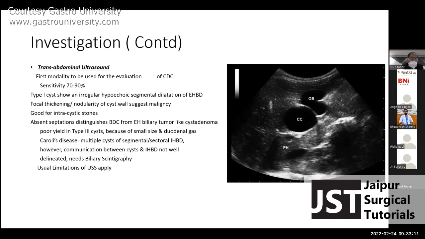Ultrasound is a good modality for detecting intracystic stones. Absence of septations inside the cyst distinguishes the biliary cyst from the extrahepatic biliary tumor like cystadenoma. However, it has a poor yield in type 3 cyst for the obvious reason because of the small size and duodenal gas.